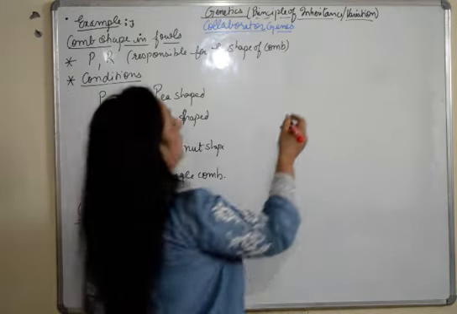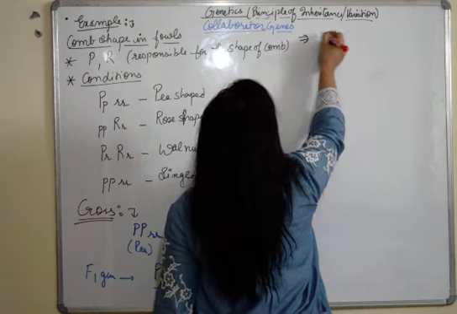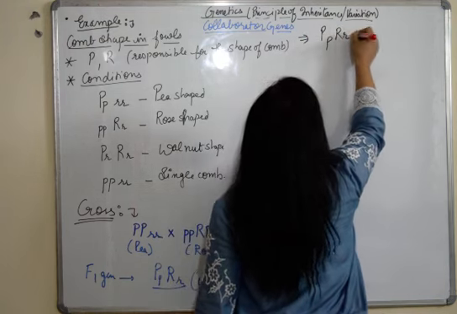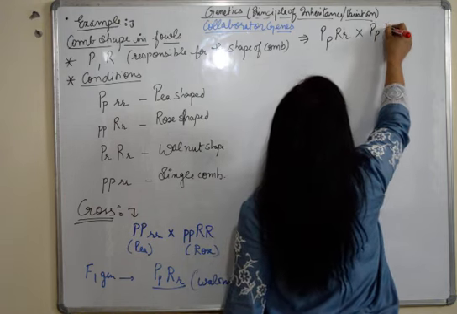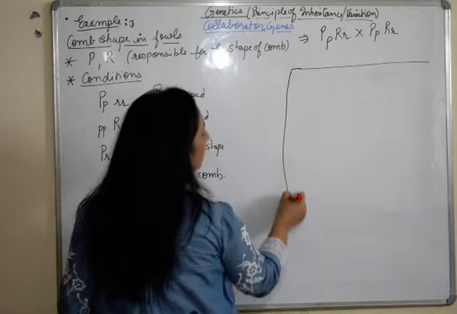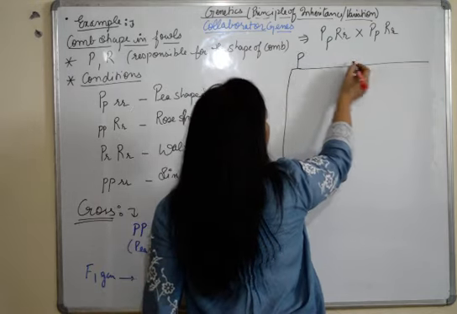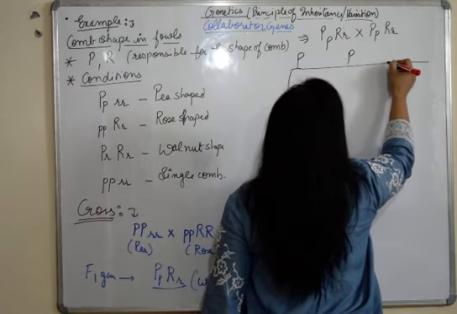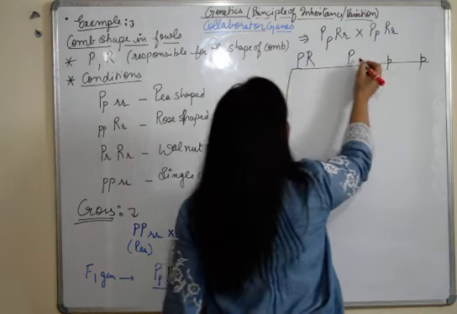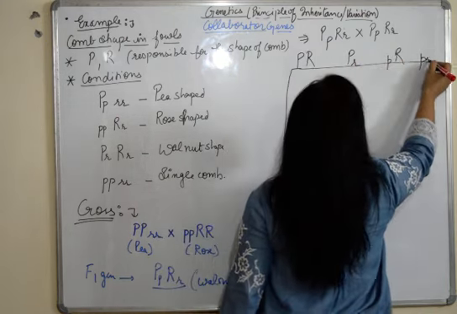Now again we will do selfing of the offsprings. When the selfing is done, what do we get? We have to make a dihybrid cross now. I'll make the cross to make things easier. Capital, small, capital, small.